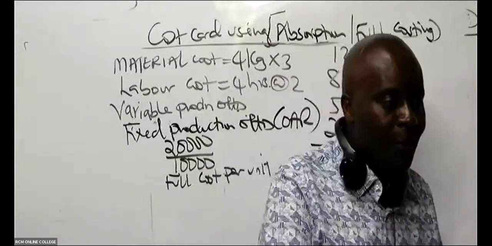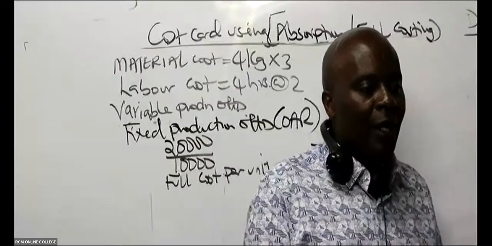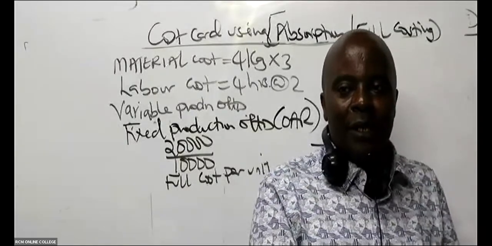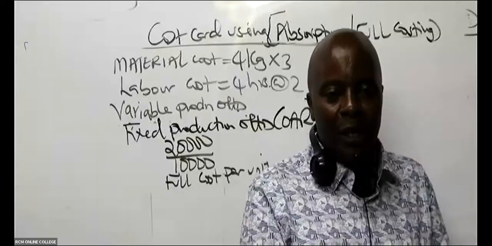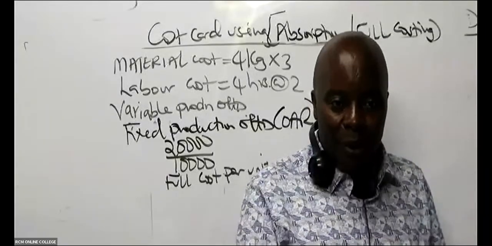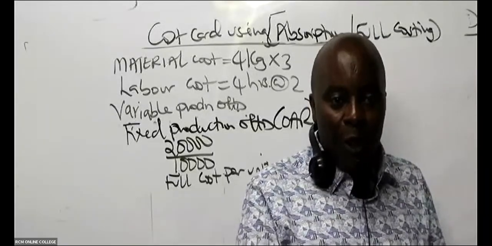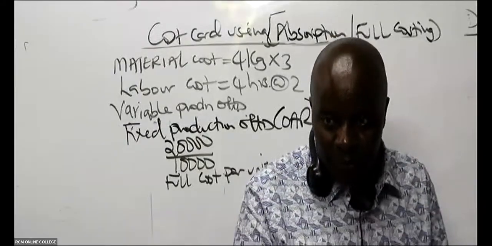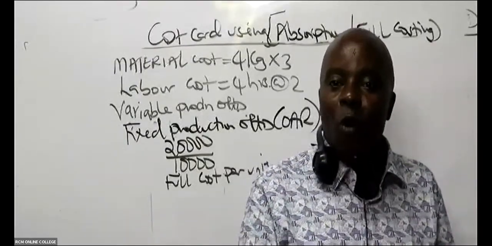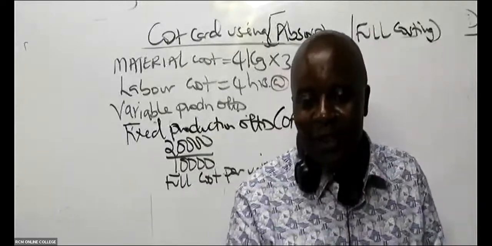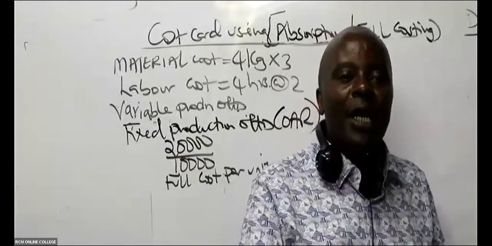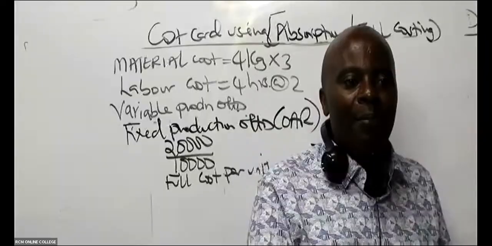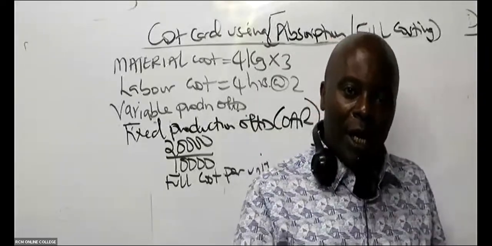All those selling costs, marketing costs, distribution costs, they can never be absorbed to units produced. They can never be part of cost of goods sold. In short, they cannot go to the trading account of our P&L.